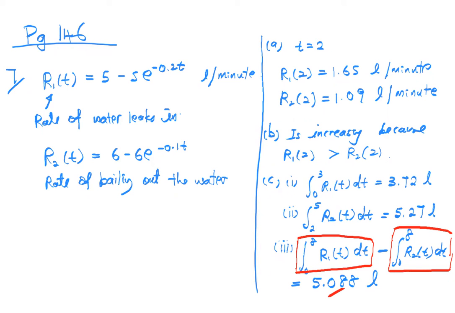So if I want to talk about this, the total amount of water leaked in is 5.088 liters more than the amount of water bailed out. Yeah. So another interpretation, if I ask you a question, after 8 minutes, how much water is in the boat? Then how are you going to answer?